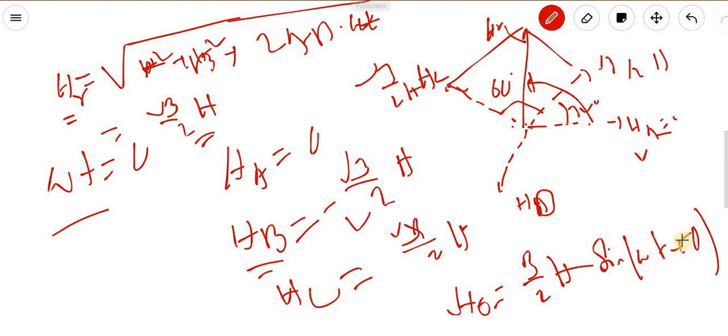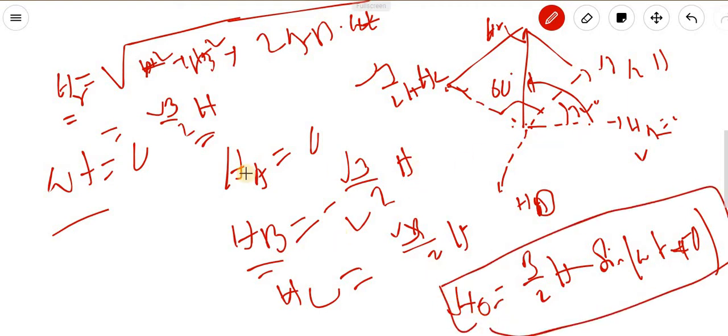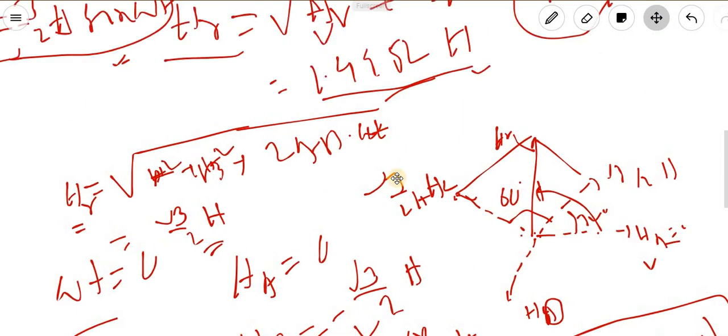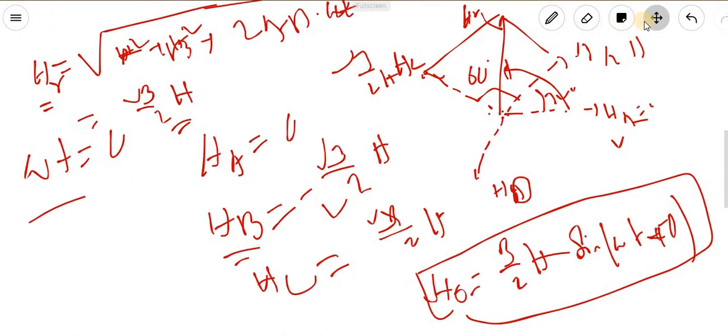That is the equation. Clear? I think now it should be clear, with this explanation. Basically for Mayuk it should be clear now.